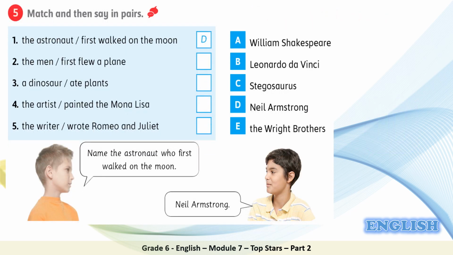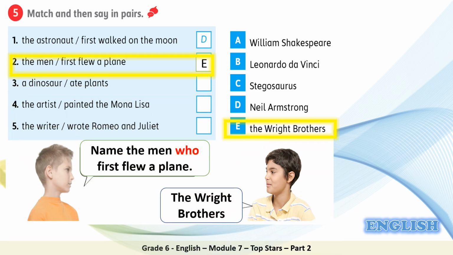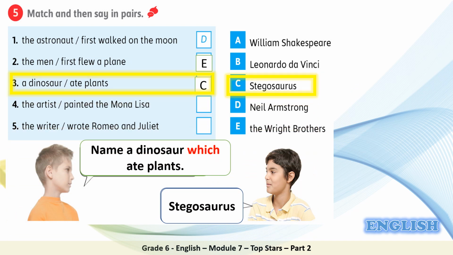Back again, let's check our answers. Number 2, with E, name the men who first flew a plane. The Wright brothers. Number 3, with C, name a dinosaur which ate plants. Stegosaurus.